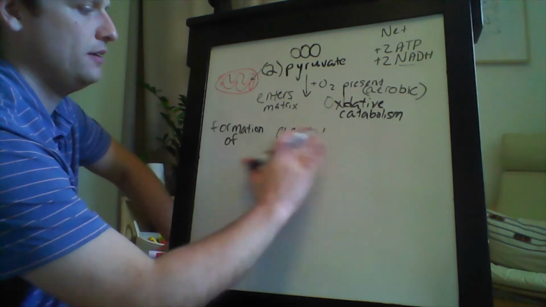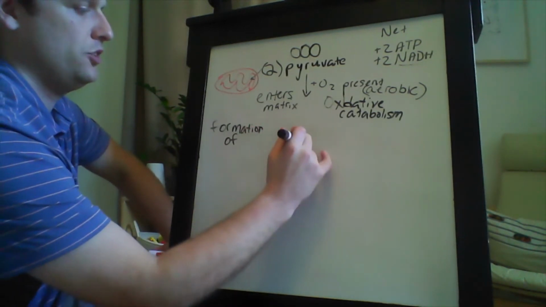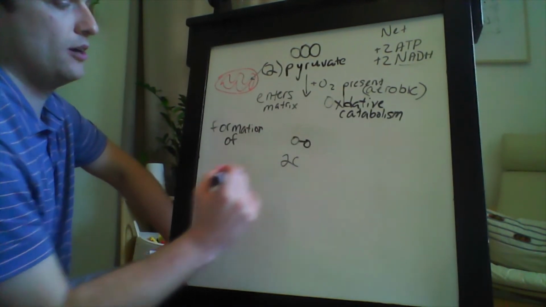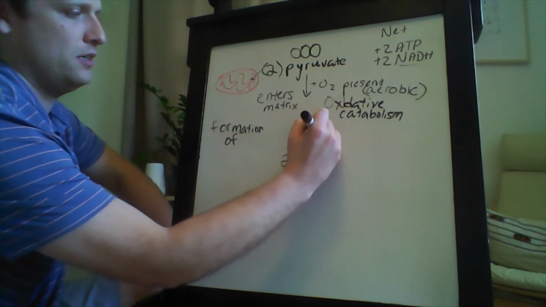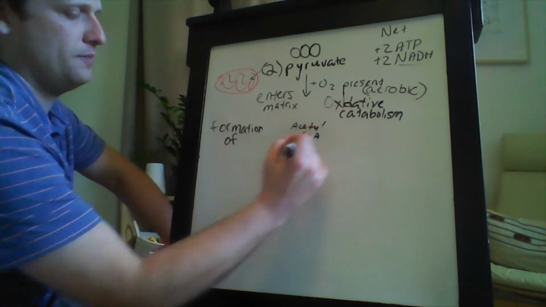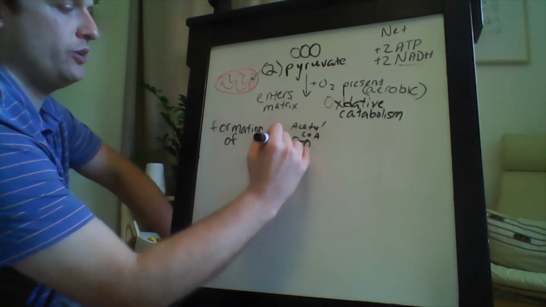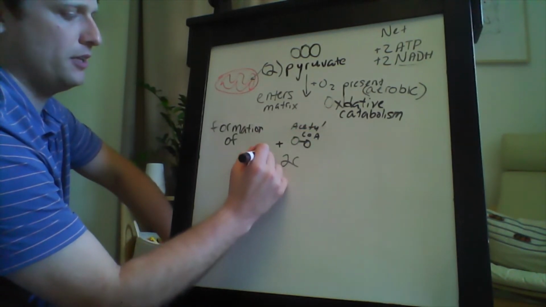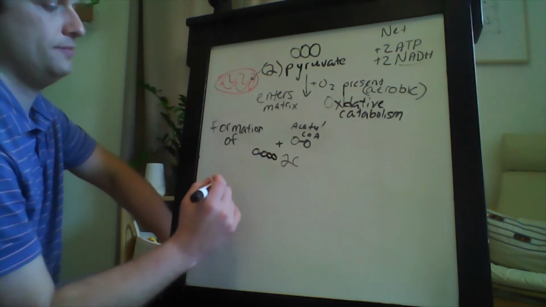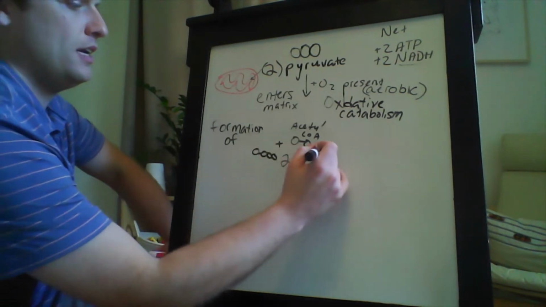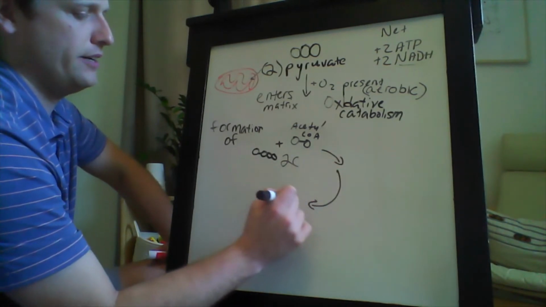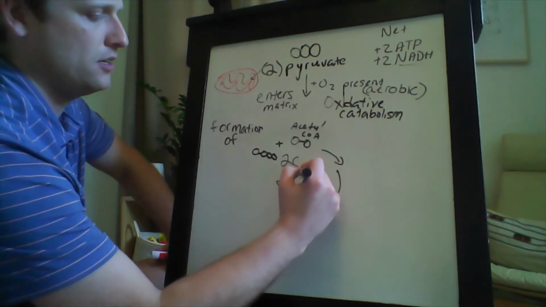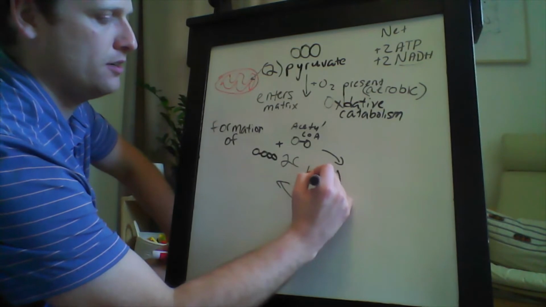So if we just visualize these 2 carbons that represent acetyl-CoA, it's going to be joined with a 4-carbon molecule. And when it does that, it's going to go through a series of reactions called the Krebs cycle.